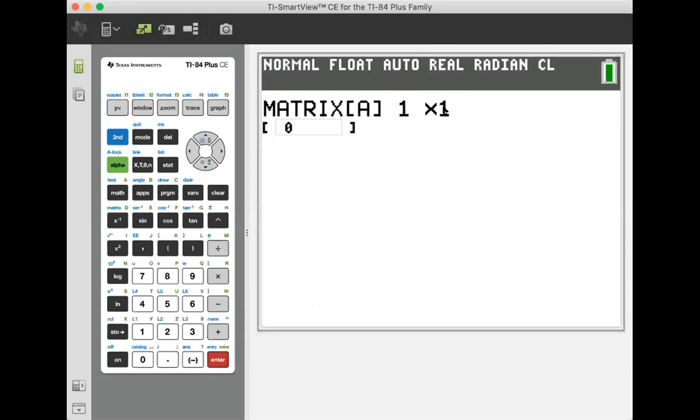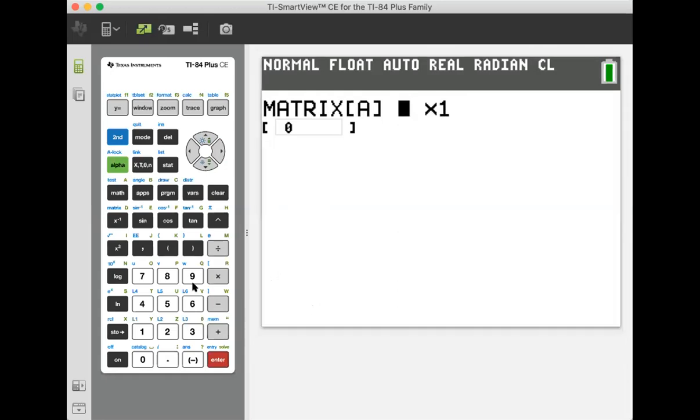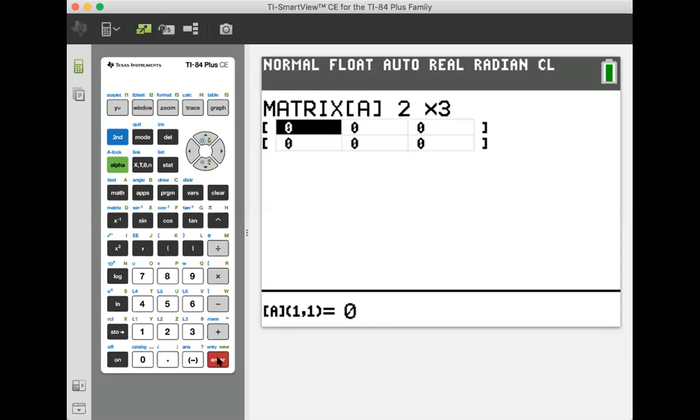We had 3 columns indicated by Democrat, Republican, Independent. So we need to type in 2 and enter, and it takes us over to the next one. And then 3, 2 rows and 3 columns, and enter. And now it gives us those 2 rows and 3 columns, and now we're ready to put the numbers in.